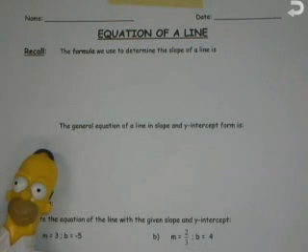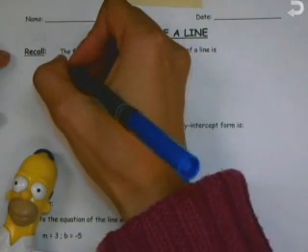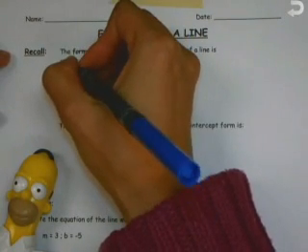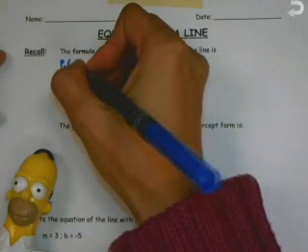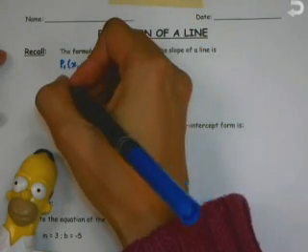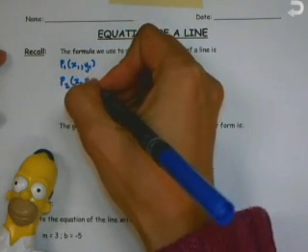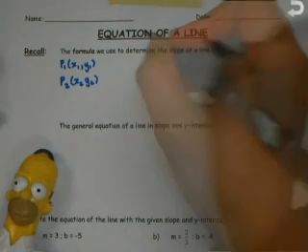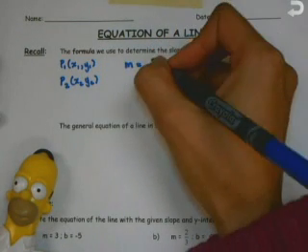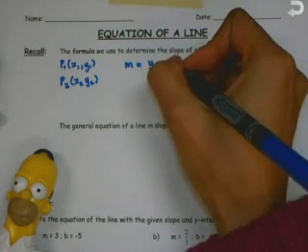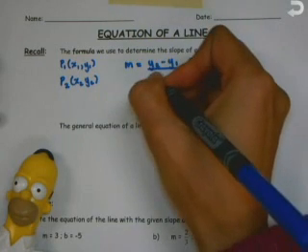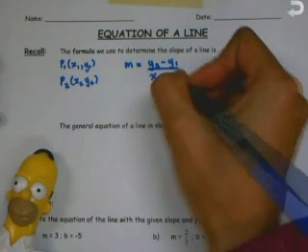Okay, homework. Let's learn how to write equations of a line today. Recall that the formula we use to determine the slope of a line is, if we have 2 points, point 1 containing the coordinate x1, y1, and point 2, x2 and y2, then the formula for the slope is m equals y2 minus y1 over x2 minus x1.